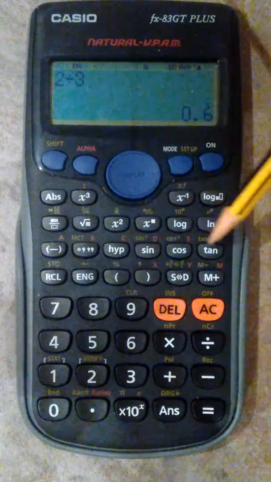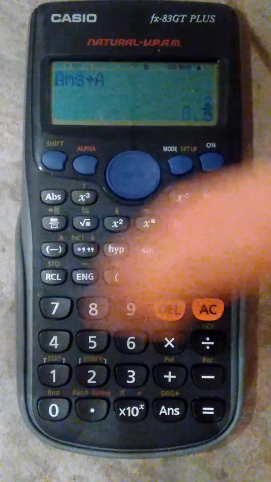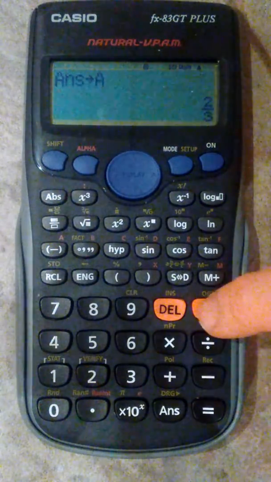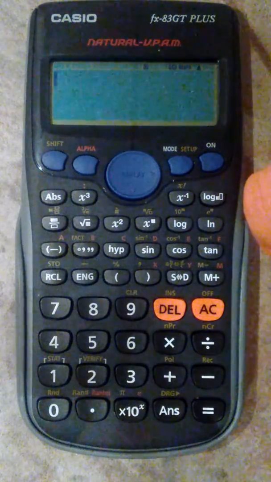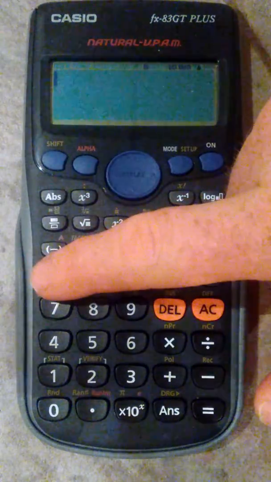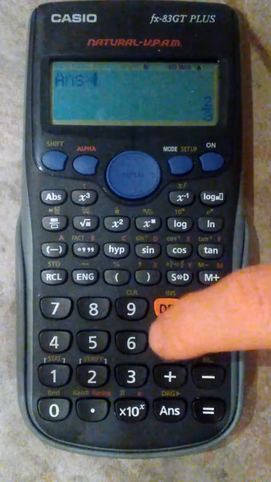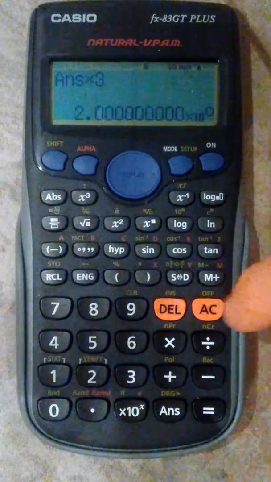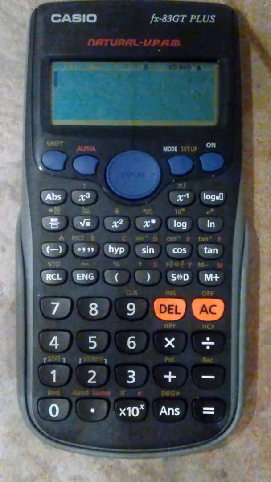They've got red letters on them. I don't need to press the alpha button yet, I'll just say A because everything's empty. So that answer is going to go into A. If I wanted to get that number again, I do recall A, 2/3, times that by 3 equals 2. So I haven't lost any of the decimal places.